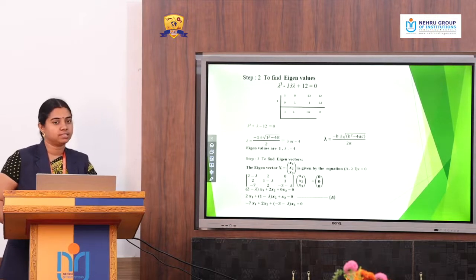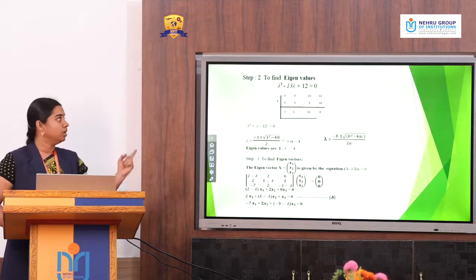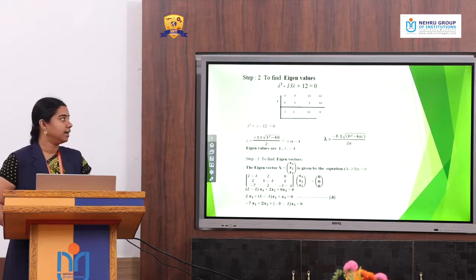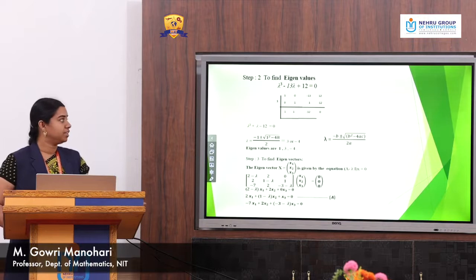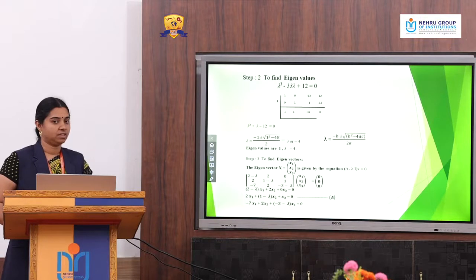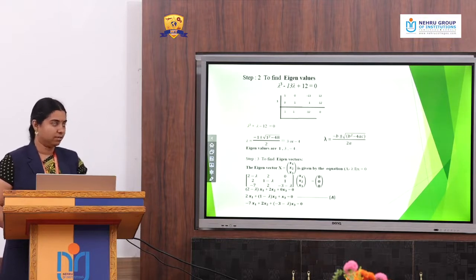Now we apply the synthetic division procedure. We collect all the coefficients of the variable. Lambda cube coefficient is 1, lambda coefficient is minus 13, and the constant value is 12. In this equation lambda square is not available, so we consider the lambda square coefficient as 0. So we frame the synthetic division notation with 1, 0, minus 13, 12.